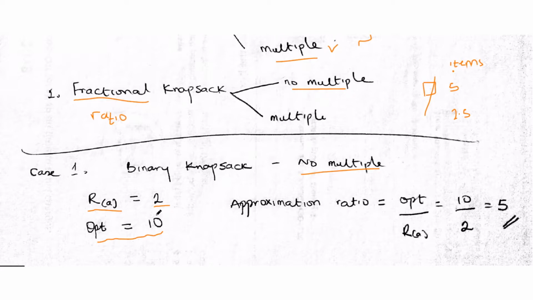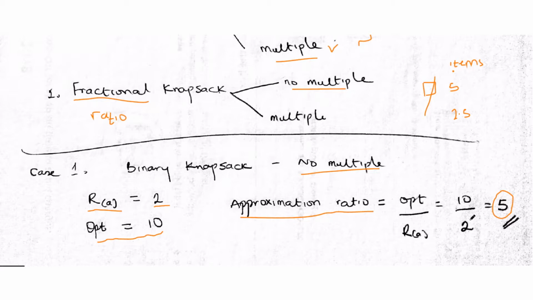The best that we could have gotten is 10. So if you calculate the approximation ratio, which is the ratio of the optimal to the strategy, this gives us 10 over 2, and this is 5. So our approximation ratio for this strategy in this instance is 5.